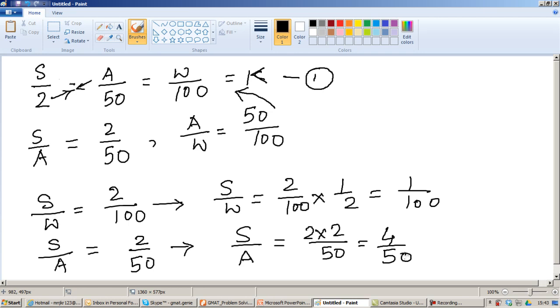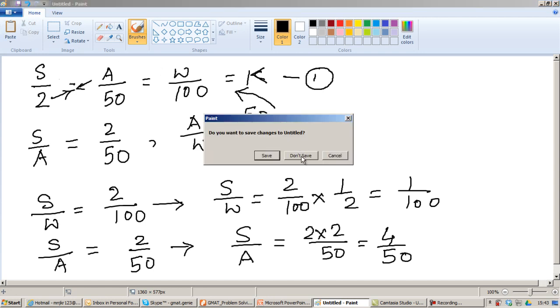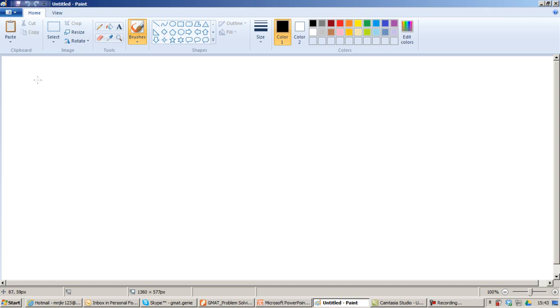So let's open a new page and see what the new ratio is. The new ratio is soap to alcohol, 4 upon 50, and soap to water is 1 upon 100, right?